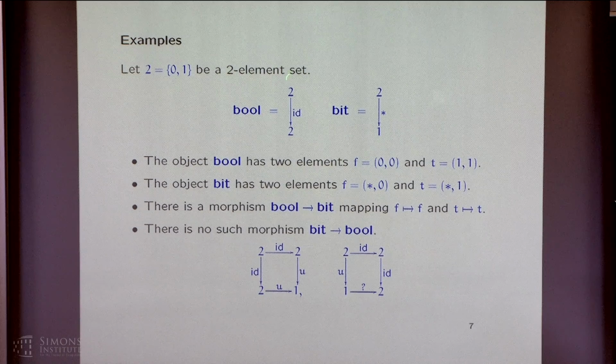So here are some examples of objects. So bool is, of course, the type of true and false, but viewed as a parameter. So here I have a two-element set and the identity function. That means there are two Boolean parameters, true and false, and then over each of them the state, the fiber, is just a singleton.